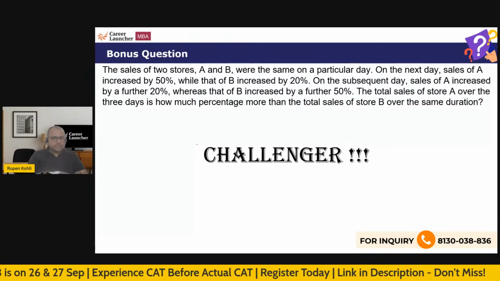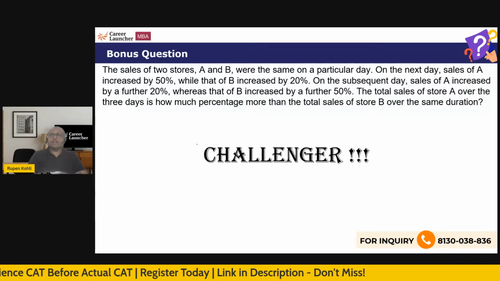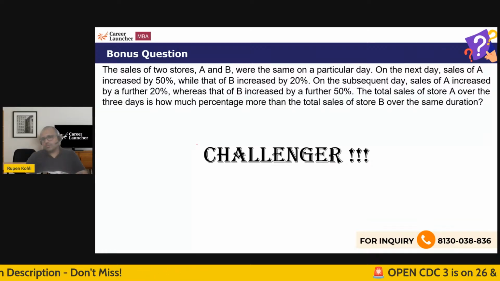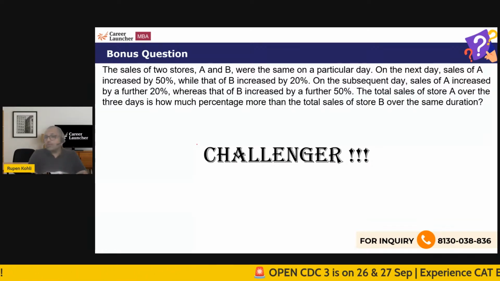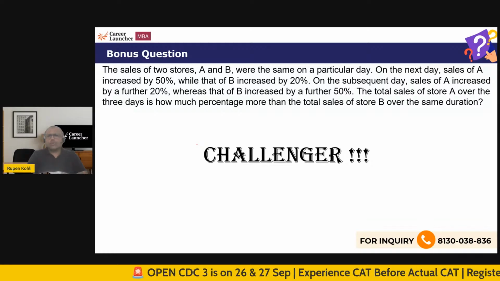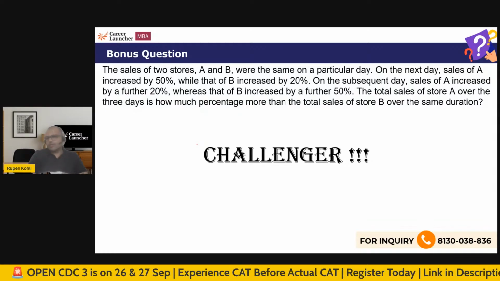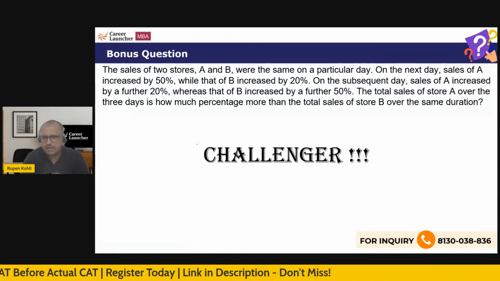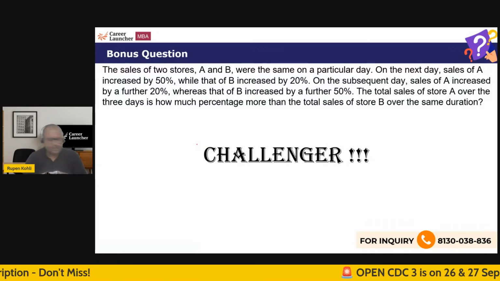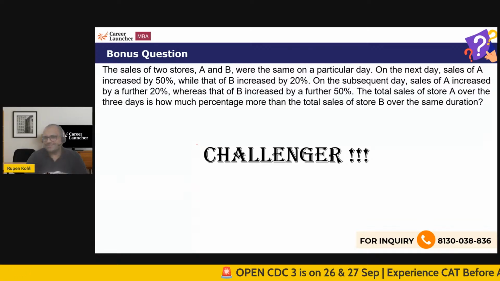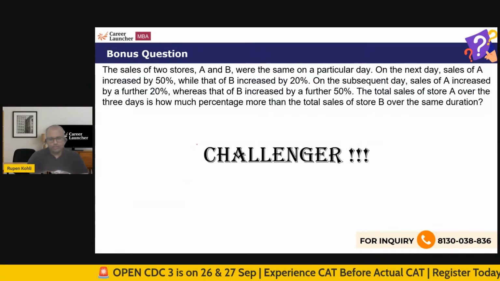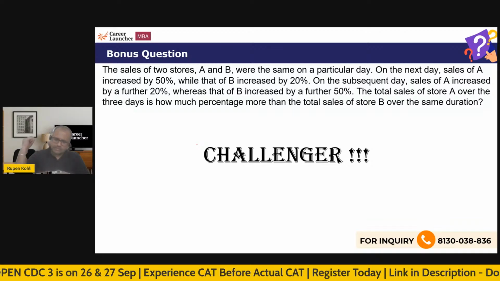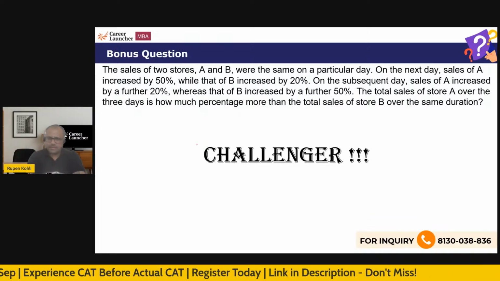So take this question and solve it, and by next week we will discuss this one. आप इसको सॉल्व कीजिए और अपना आंसर मुझे चैट बॉक्स पे ज़रूर दीजिएगा. मैं देखूंगा कि कितने लोगों ने इसका सही जवाब दिया. कोई ऑप्शंस नहीं होंगी हमारे बोनस क्वेश्चंस में, क्योंकि मैं चाहता हूं कि आप इसको इंडिपेंडेंटली सॉल्व करें. इतना ज़रूर है कि आंसर एक इंटीजर वैल्यू है, ये मैं आपको बता सकता हूँ. अगर आंसर आपका फ्रैक्शन या डेसिमल में आ रहा है, नो, आंसर इज अ परफेक्ट इंटीजर वैल्यू, राइट?